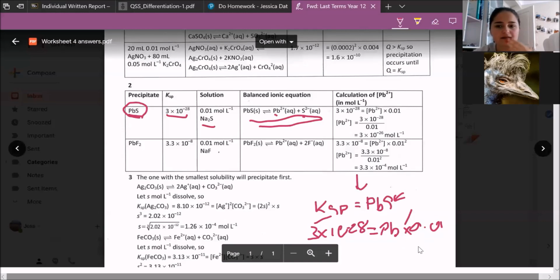In order to find lead, we're going to do Pb equals 3 times 10 to the negative 28 divided by 0.01, which is our solution. So it's our solubility constant over our concentration. Pb is going to equal your Ksp value that you've been given divided by the concentration of sulfide.